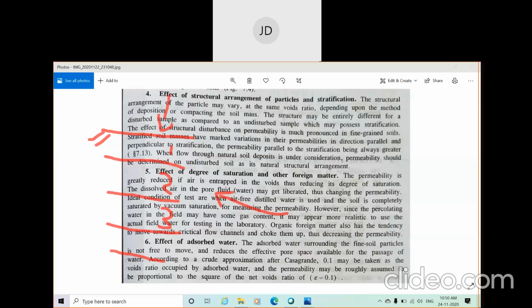Suppose this is the x direction and this is the z direction.